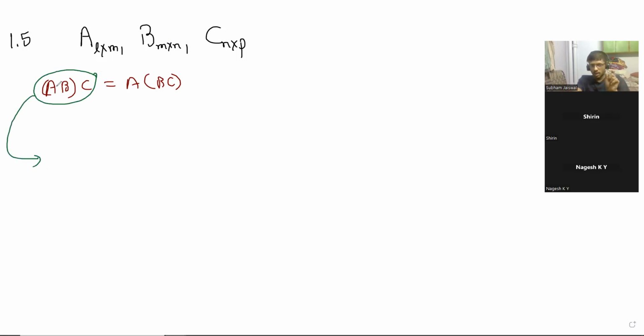So if you do AB, then how many multiplications were needed? LMN multiplications needed for AB. Now AB is computed, you have spent LMN multiplications.